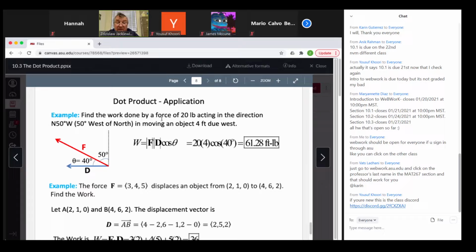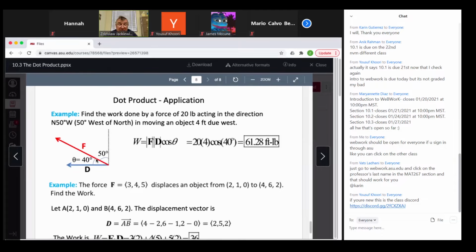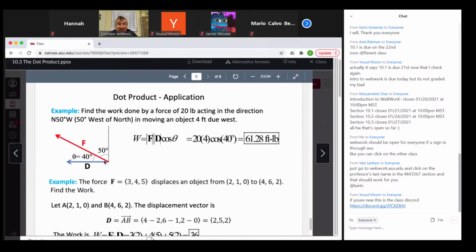Find the work done by a force of 20 pounds acting in the direction north 50, or here is the direction, in moving an object 4 feet due west. So we have a force which acts like this, that there's an angle 50 degrees with north direction. So of course, this means that there's 40 degrees here. If the object moves west, so object moves horizontal to the west.